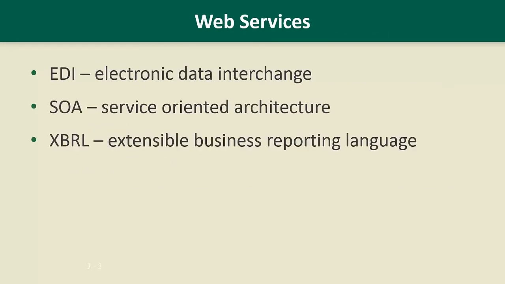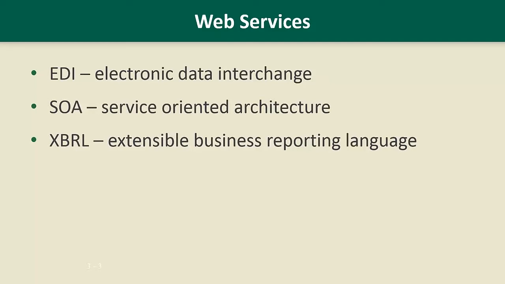Okay, we want to go over especially three items: EDI, SOA, XBRL. Some more IT definitions and acronyms to be remembered. EDI, electronic data interchange, is basically a connection between a company and a business partner, especially a supplier.